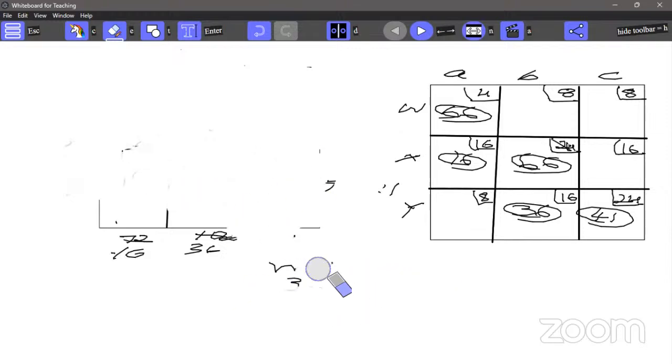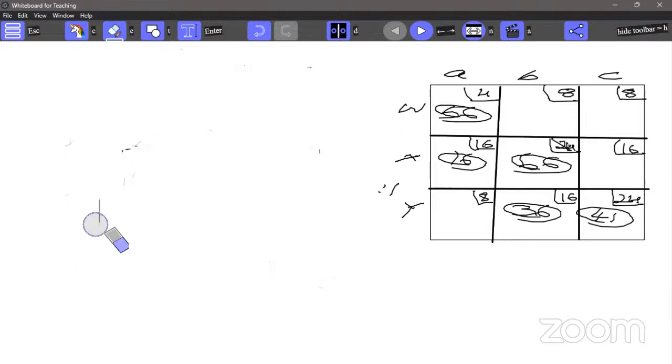Is the full screen visible to everybody? Yes. So we can go ahead with the optimality. We have to find out the improvement index.